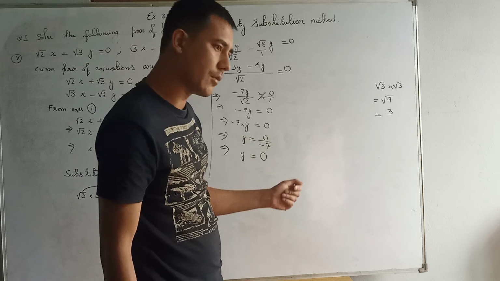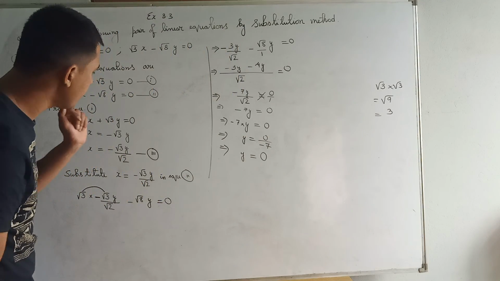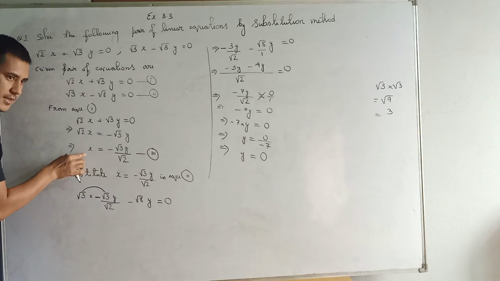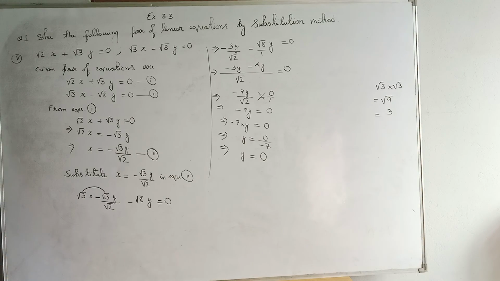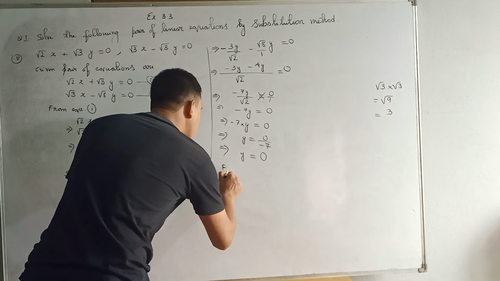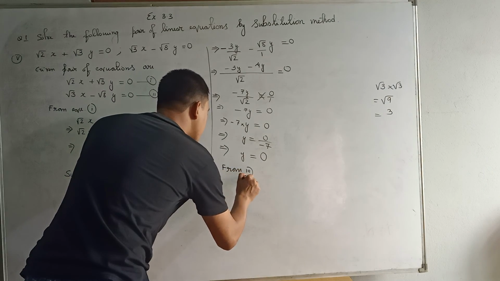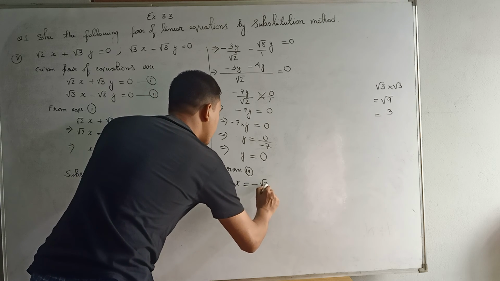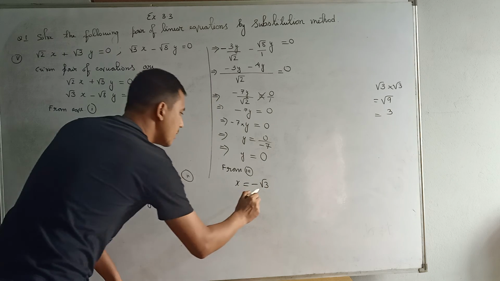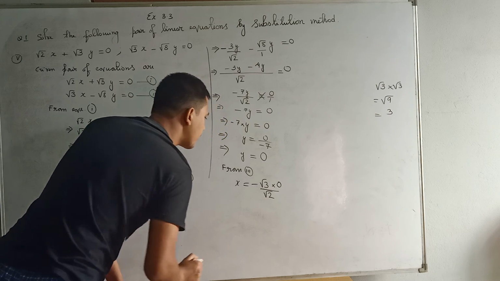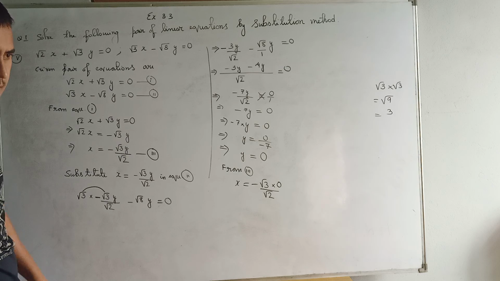Then we need x now. Since we know y, we substitute y over here and get x. From equation 3, x is equal to minus square root of 3 times y, that is times 0, upon square root of 2. Anything multiplied with 0 is 0.